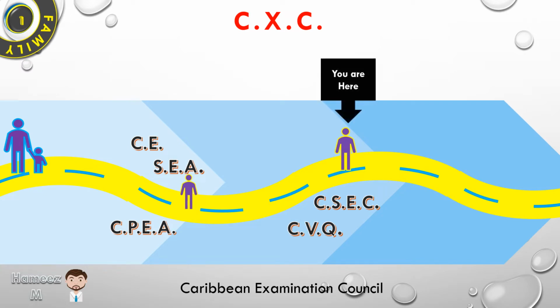And for those who pursue further, they go on to the advanced levels, which comprises Unit 1 and Unit 2, or in some territories it is known as 6th form, where they will be writing the CAPE examination, the Caribbean Advanced Proficiency Exam. All these different assessments fall under CXC, but we are specifically interested in this video in the CSEC level.